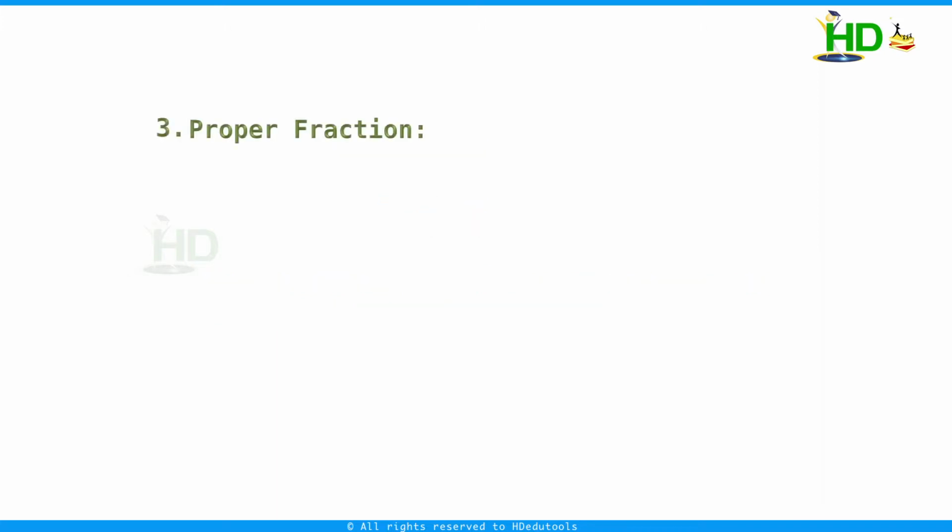Proper fractions. Now let us look into these fractions. 1/2 means 1 out of 2. 3/4 means 3 out of 4. 5/6 means 5 out of 6. 0/7 means 0 out of 7. So what do we understand here? These fractions represent part of the whole.